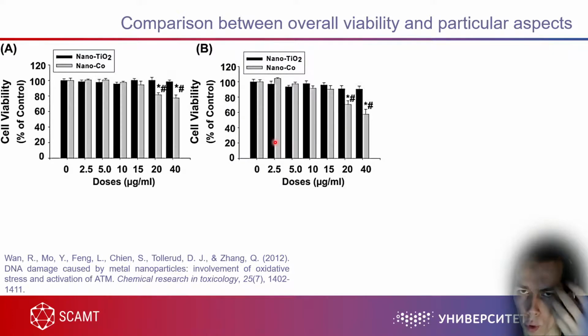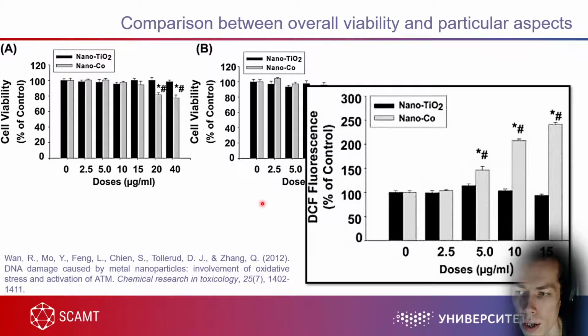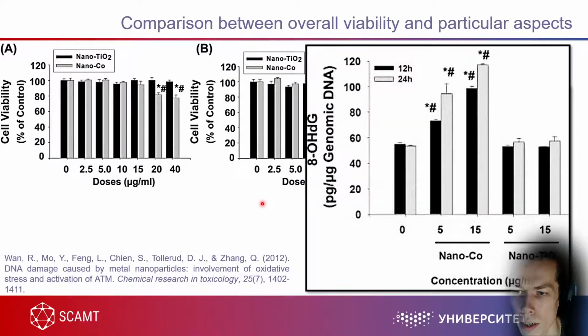But again, this is a direct way, if you observe with your own eyes. Well, indirect is different. In case of some metabolic activity tests, as here, it's probably the MTT test and LDH test, you see there's no damage to cells, cell viability is like 100%, maybe a bit decreasing, but according to additional staining, you see that there's some, especially this one, it's a product of DNA oxidation, as I mentioned.